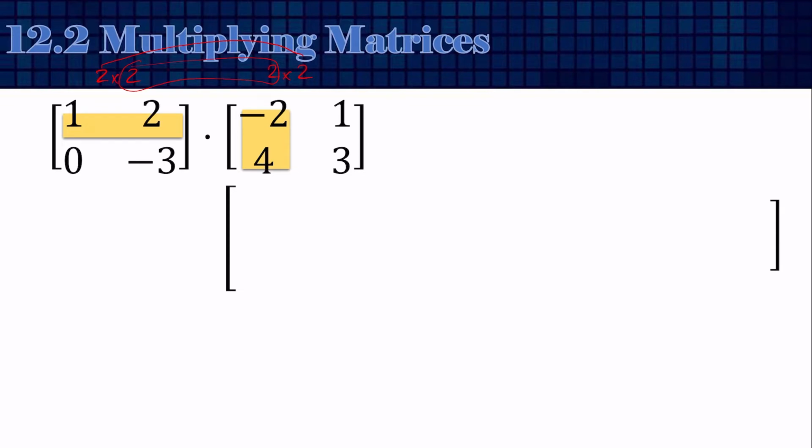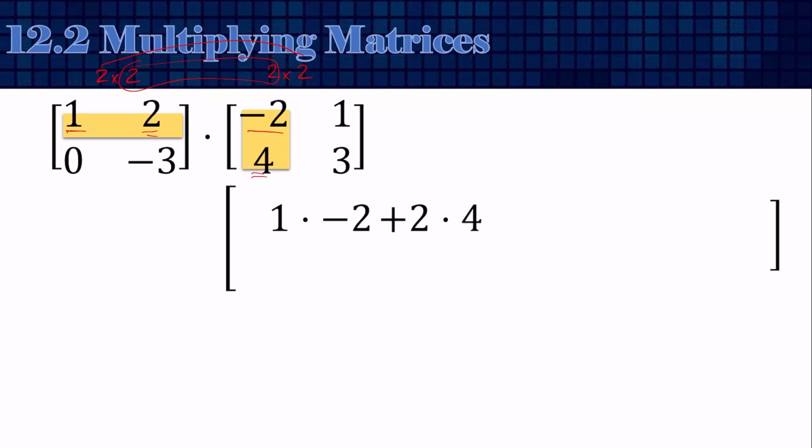I'll multiply the 1 and the negative 2, and then I put a plus, and I multiply the second thing in the row and column, 2 times 4. That was first row, first column, so it went in the first row, first column of the answer.